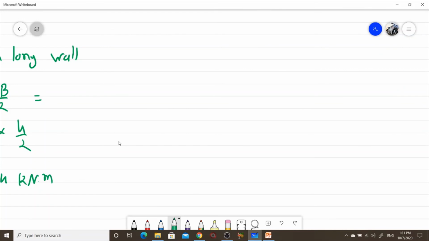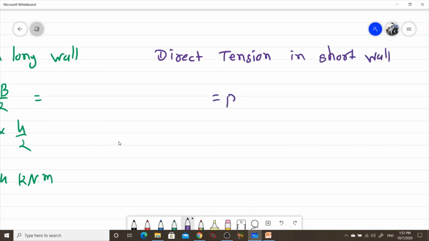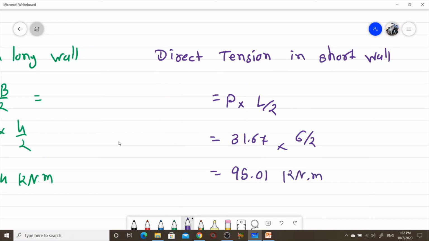Same for the shorter wall. Direct tension in the short wall, so P into L by 2, so P is equal to 31.67 into 6 by 2, so the value is 95.01 kilonewton.